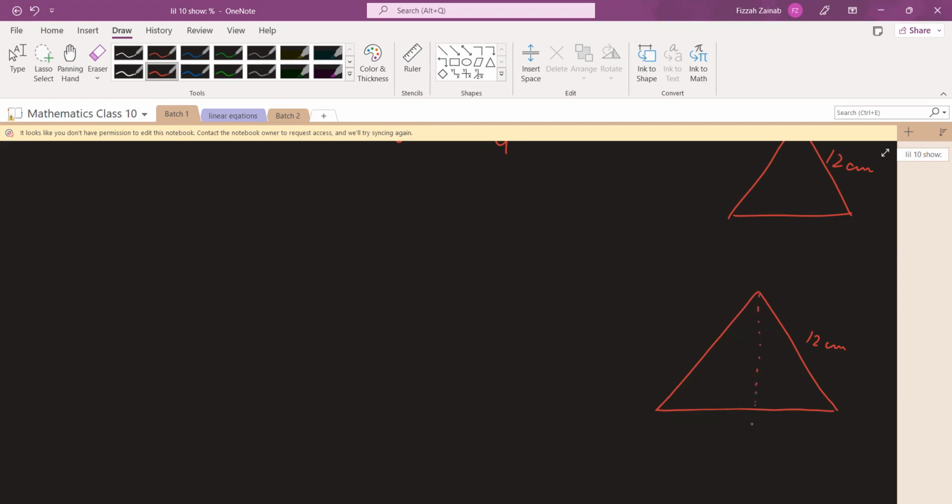Because it's an equilateral triangle, it's going to divide this side into two equal parts, correct? So this will be 6 centimeter, this will be 6 centimeter. Then you will use the Pythagoras theorem in this triangle. If I call it ABC, then you will find AB, which will be the height of the triangle. After doing all this, you will get the same formula which I'm using.